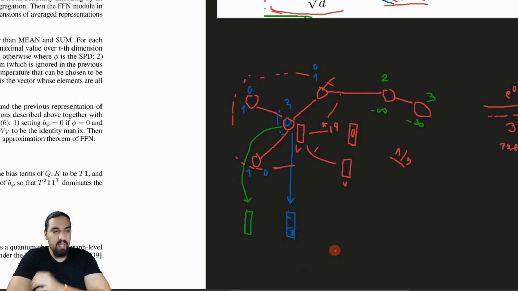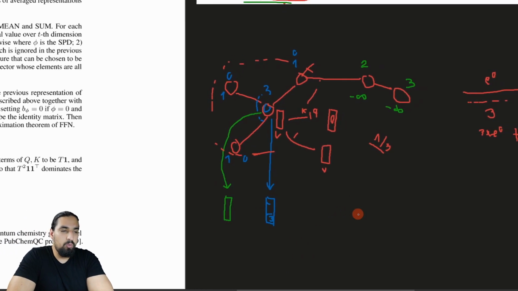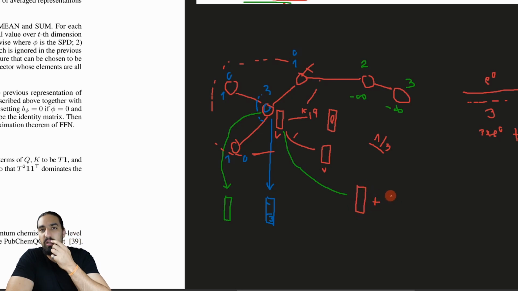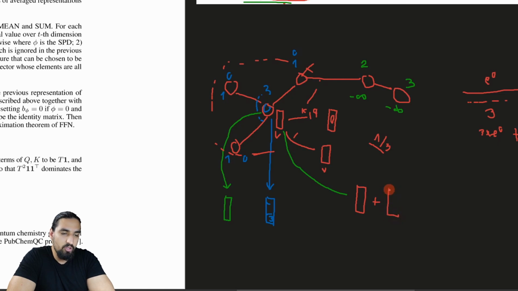And how that will happen is the following. Remember, this vector here is formed by taking the original vector and adding to it those embeddings for the degree centrality. So basically we'll be adding those vectors which contain the degree information. And this head can learn how to extract this number from this vector. So that head will learn how to do that.